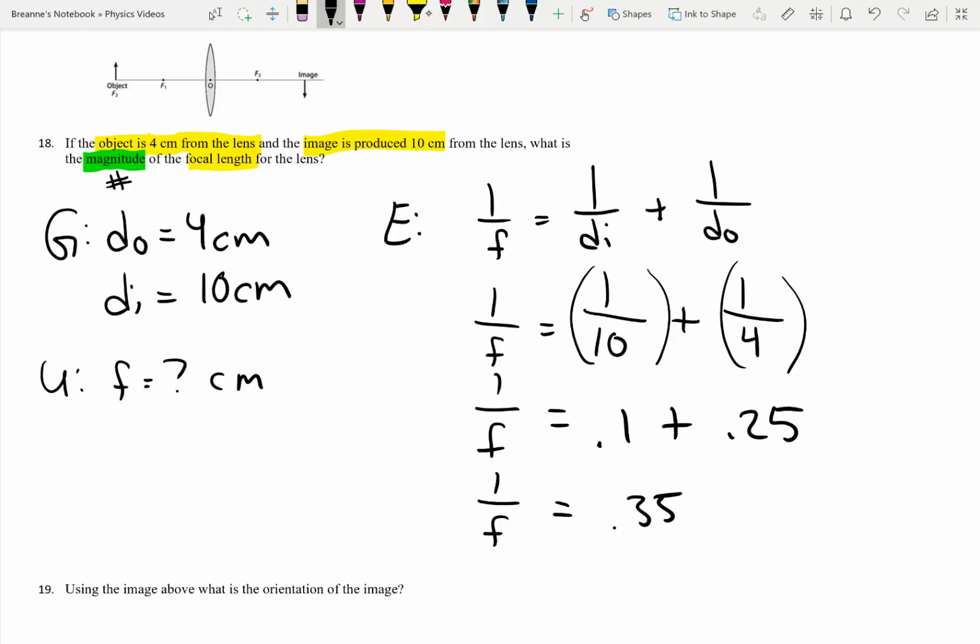Now, we're not done because that gives us 1 over the focal length. We don't want 1 over focal length. We just want focal length. So what we can do is flip both sides.